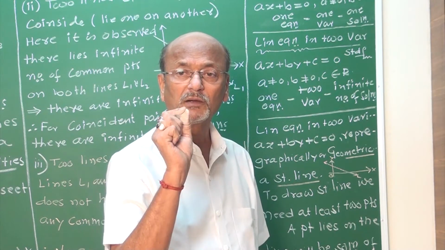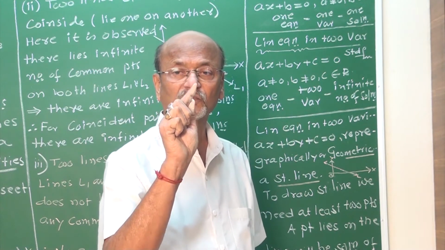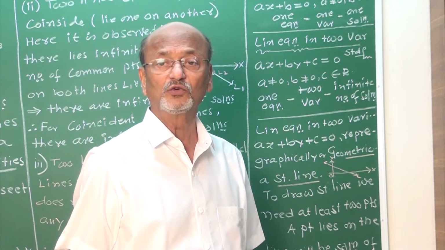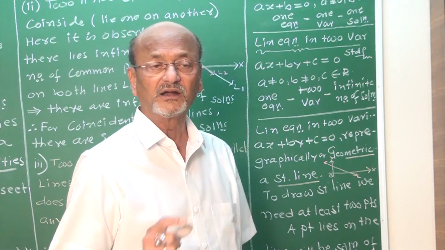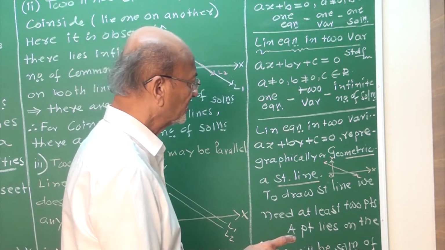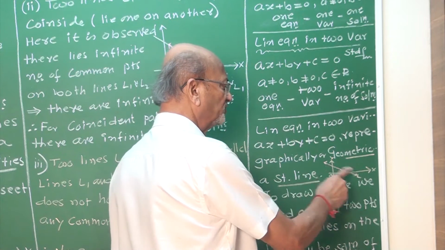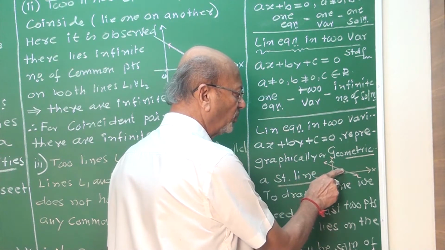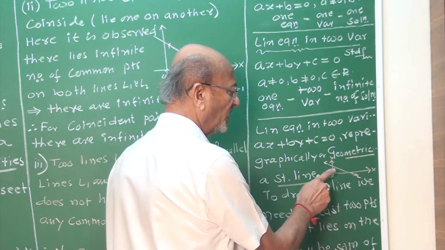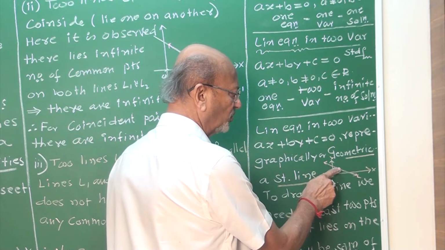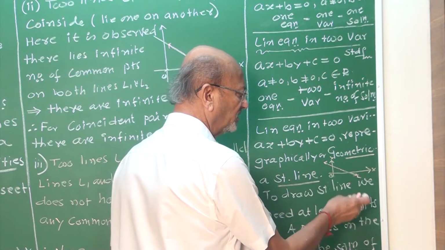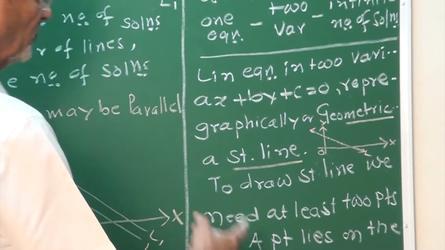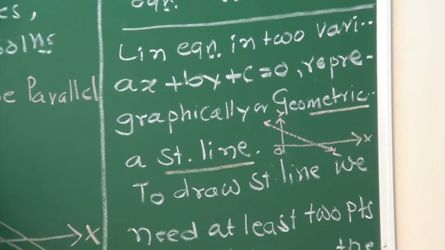Satisfy means that by putting the values of x and y in the equation, you must get LHS equal to RHS. Such values are always solutions. And this straight line always passes through such points, my friends. Therefore, on the line there lies an infinite number of points.